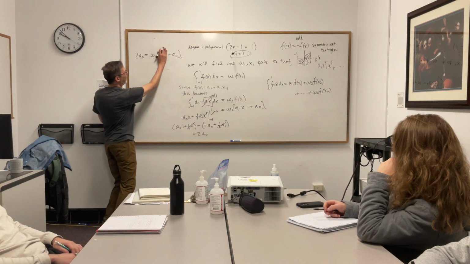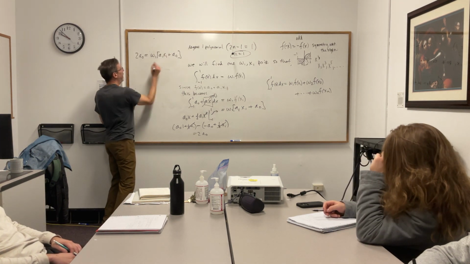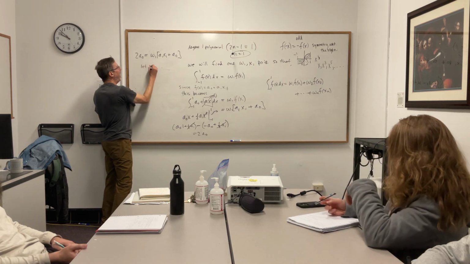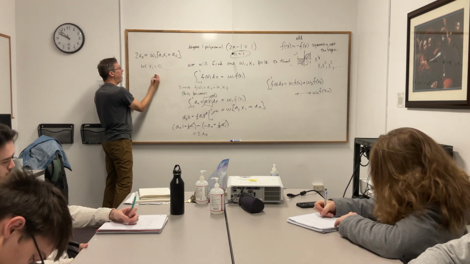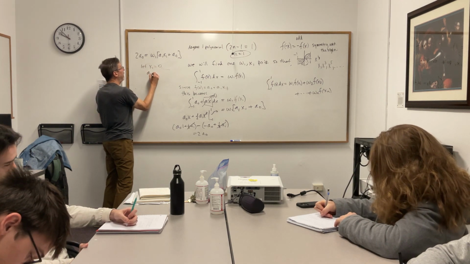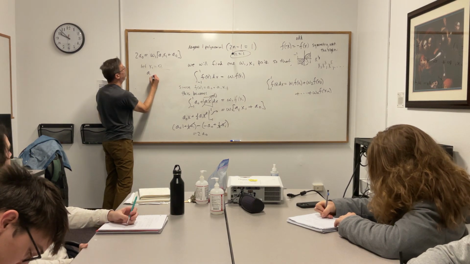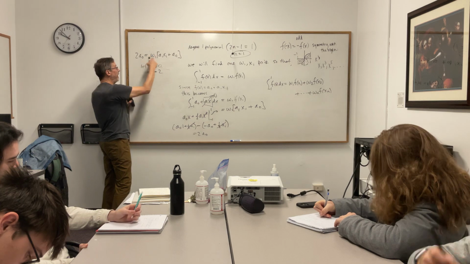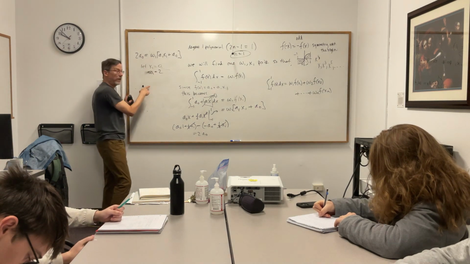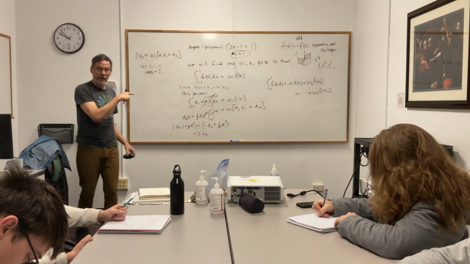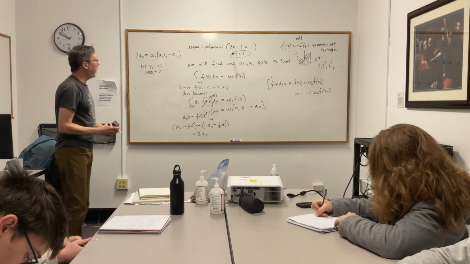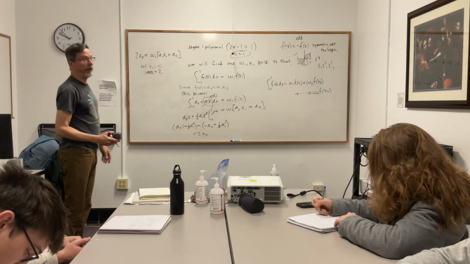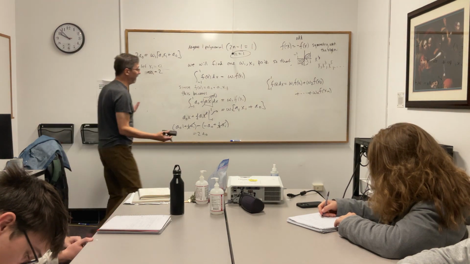If this is gone, 2. So notice that if I let x1 equal 0 and W1 equal 2, then this formula works out. Does that make sense? So now we have a one-point integration formula that's valid on any linear function.